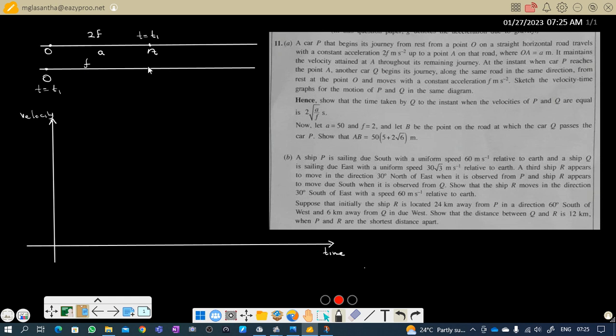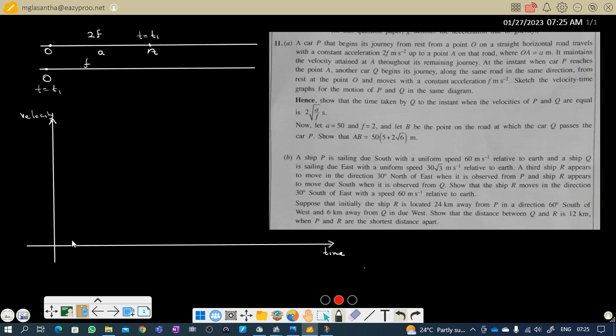It moves, then it continues with acceleration f. How do we sketch these VT curves for two cars in the same VT graph?